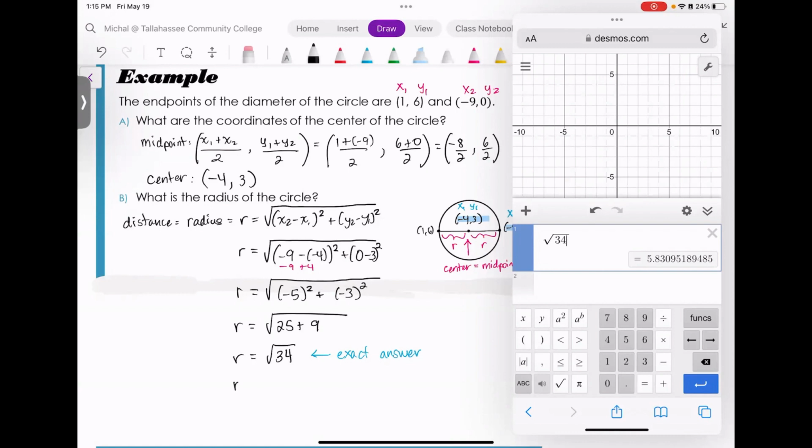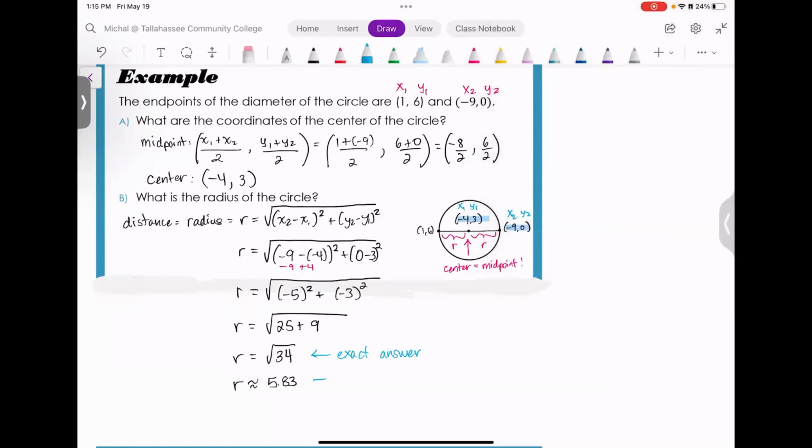So r is approximately equal to 5.83, and this is what we call the decimal approximation, or the approximate answer. And I use my squiggly equals here because it is approximately equal to, not exactly equal to.